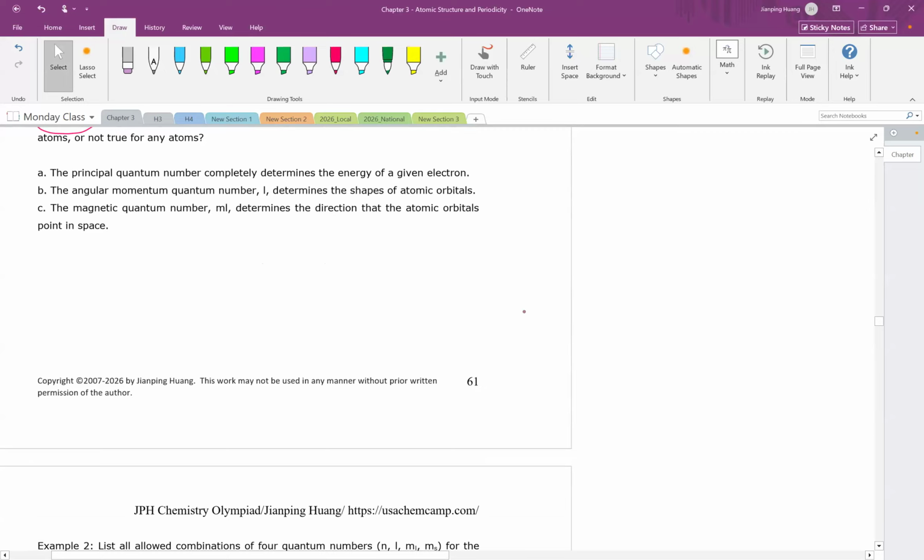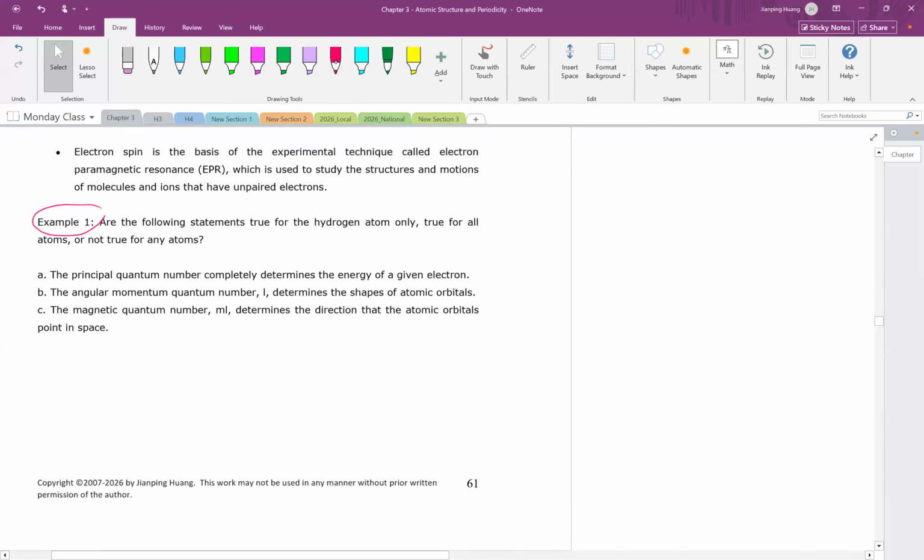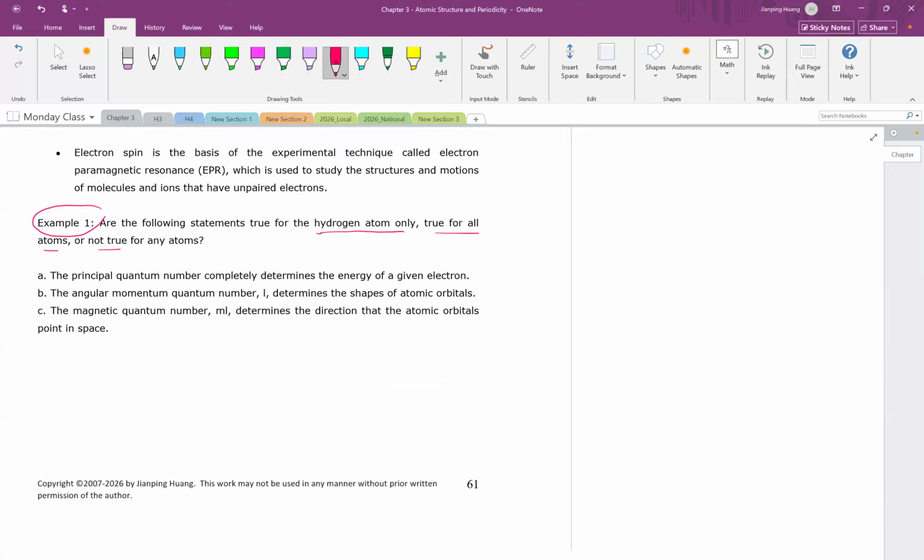Now I'm going to do that. So the first one said hydrogen atom only. True for all, not true for any atom. The principal quantum number completely determines the energy of a given electron only for hydrogen. Only for hydrogen.